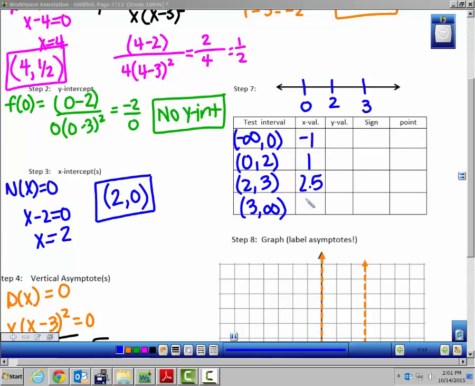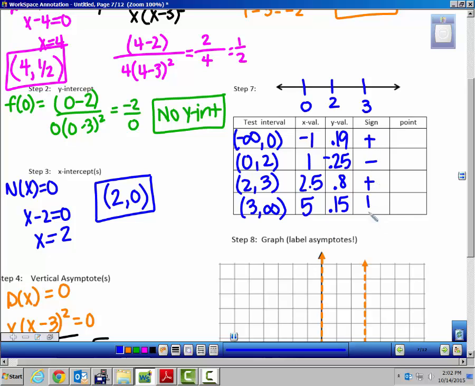So you can just plug this equation into the calculator and come out with these points, and when you do that, you get 0.19, negative 0.25, 0.8, and 0.15. This is why I said hold off, I'm going to have to scale the y-axis because these come out so small. So this is positive, negative, positive, positive.